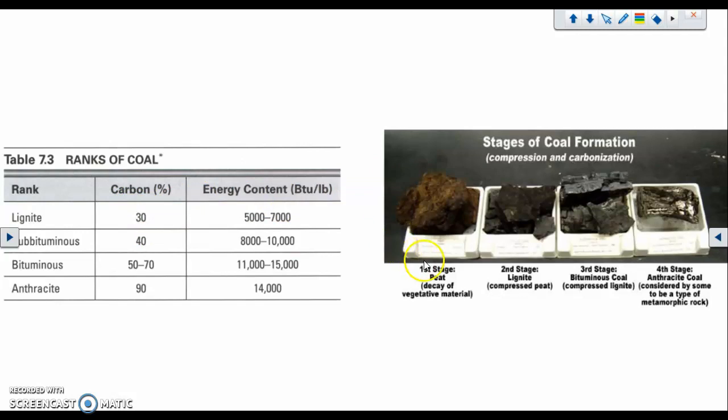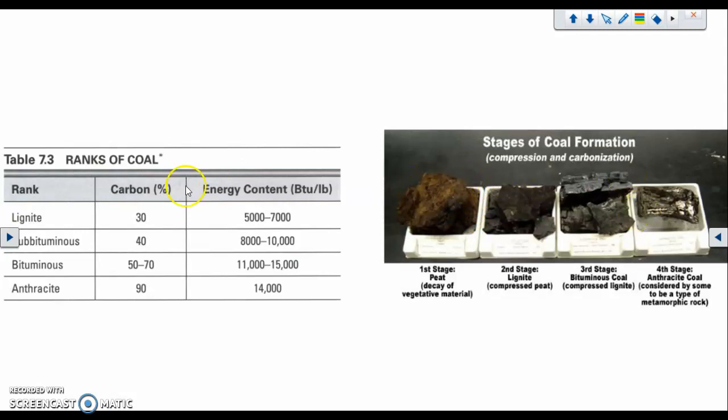In some parts of the world, like Ireland and Scotland, you can still go around peat fields. Peat occurs mostly in bogs and marshes. You can harvest it by cutting it out, drying it out, and then eventually burning it, like during the winter time for fuel.